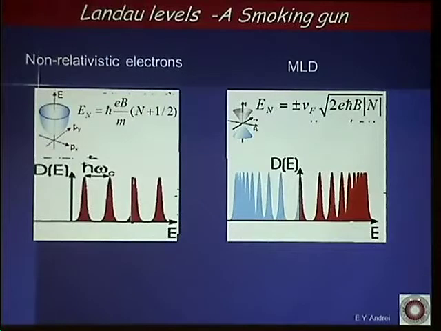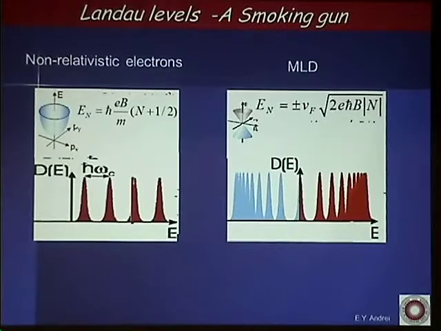Now, if you ask, is there a smoking gun for the relativistic electrons, for the massless Dirac fermions, there is. And these are the Landau levels. If you go to a normal two-dimensional system, the Landau levels look equally spaced. There is nothing at zero energy, whereas the ultra-relativistic Dirac fermions are going to have a spectrum like this.